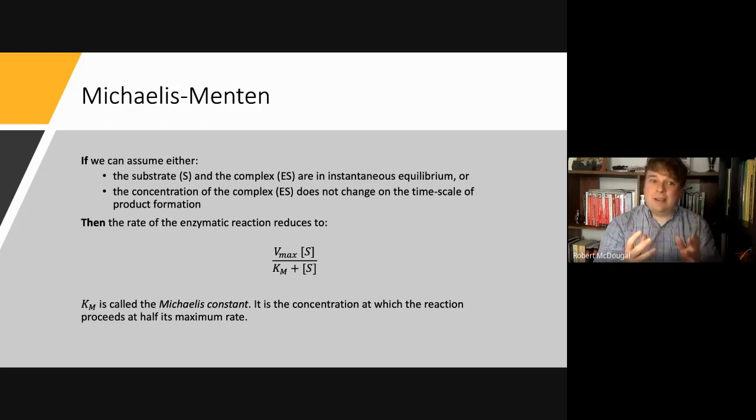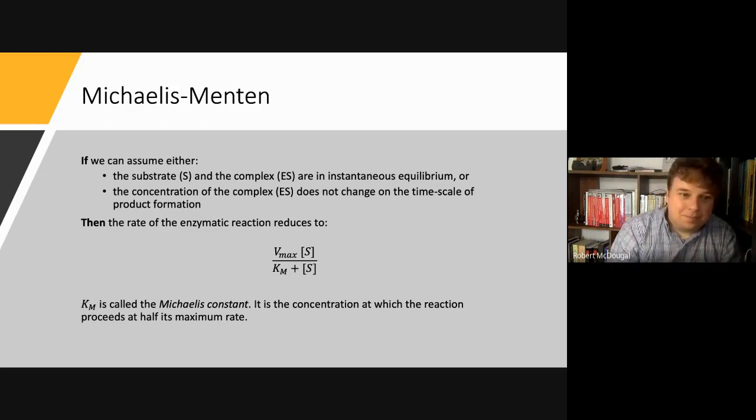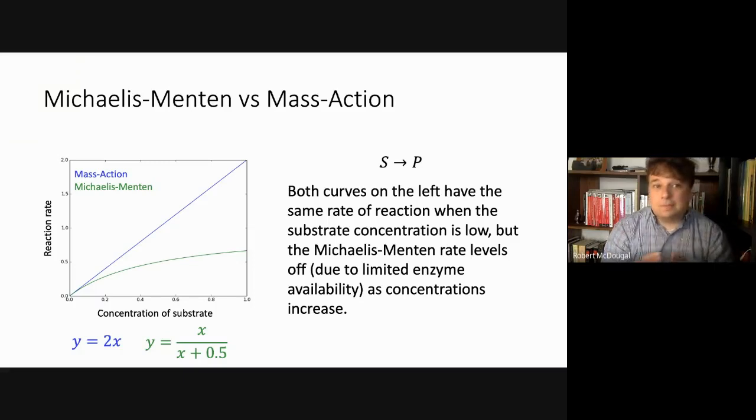So enzymatic reactions can be modeled using Michaelis-Menten. There are certain assumptions in order for this to be true. People routinely ignore them. That's probably at their peril, but in any case, the enzymatic reactions can be reduced down to Michaelis-Menten.